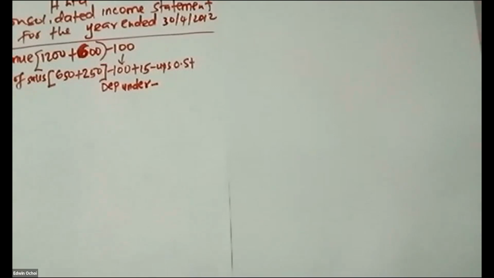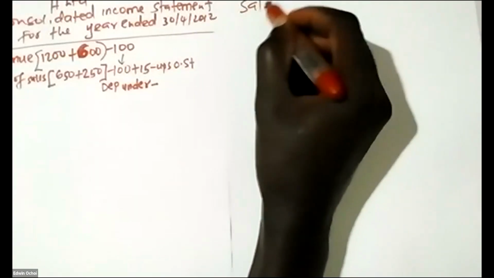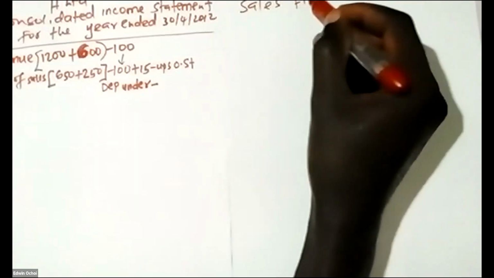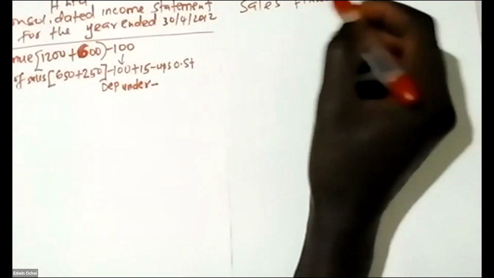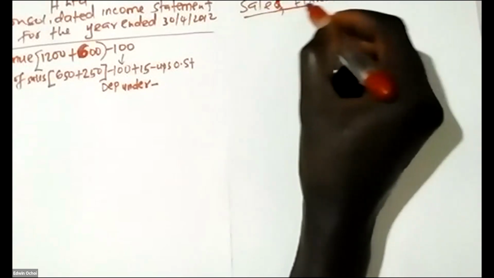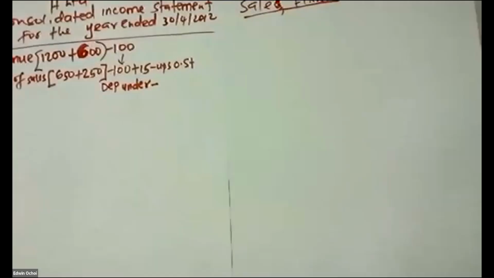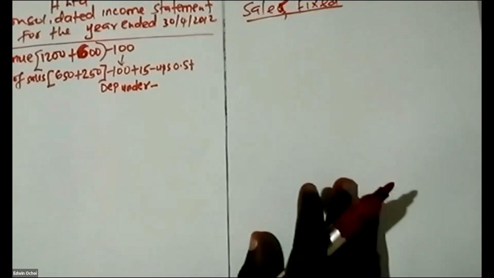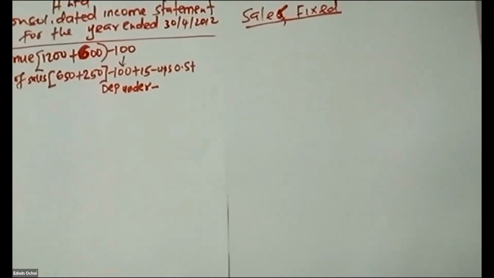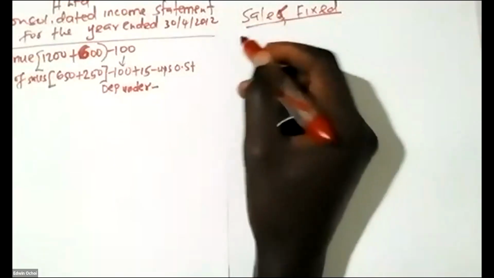In order to get this, you must have a sale of fixed assets from one entity to another. The other entity which received the asset will never resell it. If it will never resell, it means that it will never realize the profit.